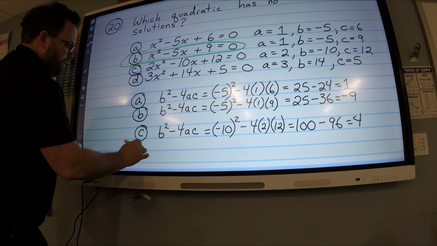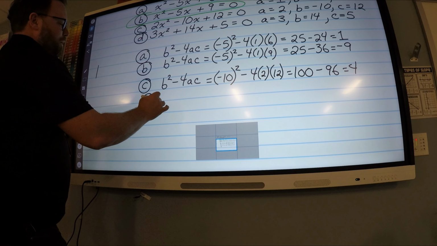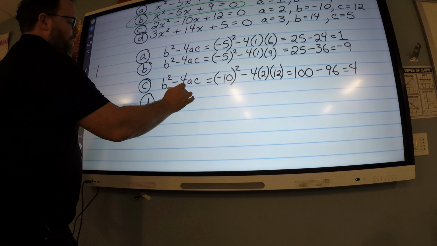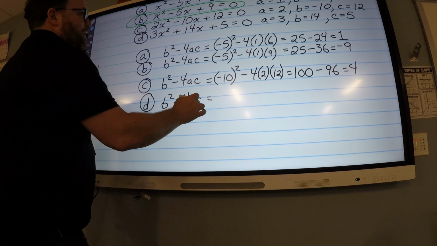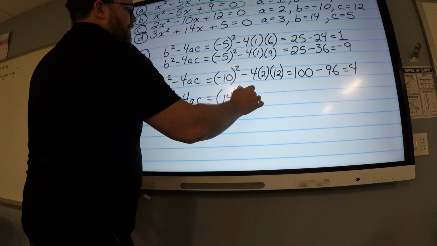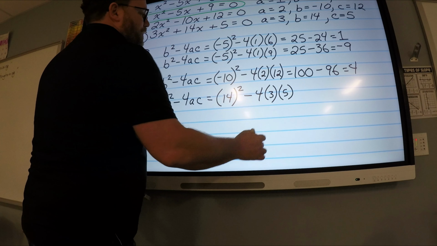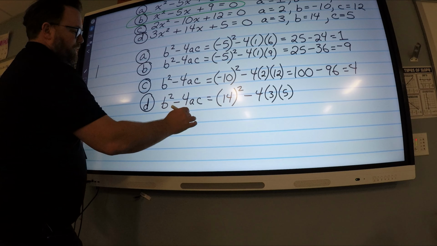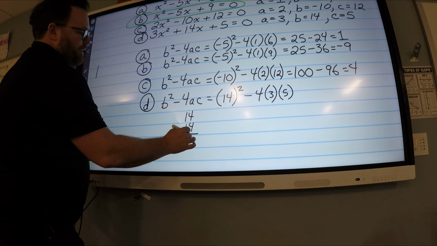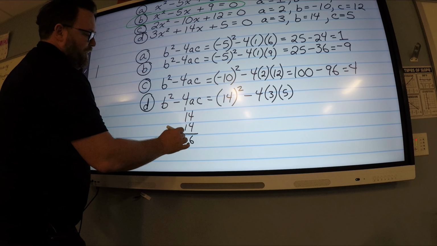And then finally D. Do b squared minus 4ac again. So it's going to be 14 squared minus 4 times 3 times 5. Just do 14 times 14. So you get 4 times 4 is 16, 4 times 1 is 4, plus 1 is 5.